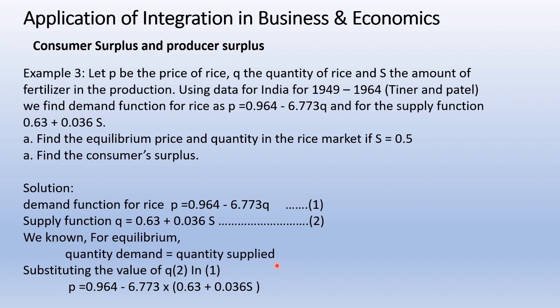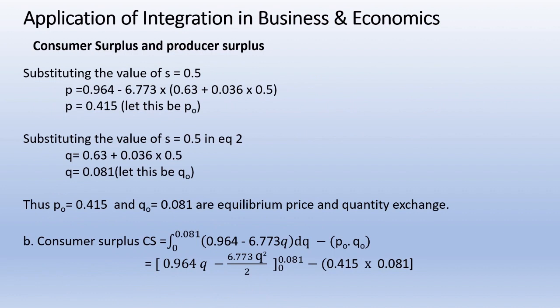Substituting the value of Q of equation 2 in equation 1, P is equal to 0.964 minus 6.773 times 0.63 plus 0.036 S. Substituting the value of S is equal to 0.5, P is equal to 0.964 minus 6.773 times 0.63 plus 0.036 x 0.5.